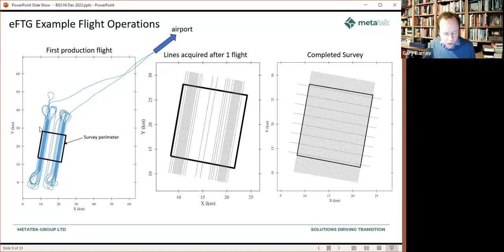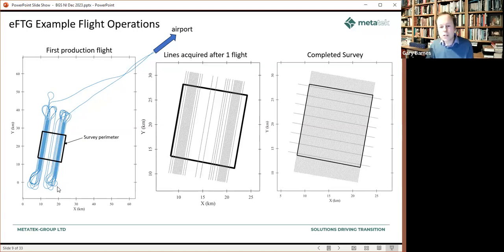And this is quite a small survey example here, just maybe 20 kilometers by 20 kilometers across. From the airport, the aircraft will fly to the survey area, and then it will fly a series of lines.